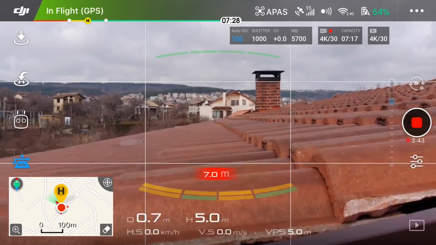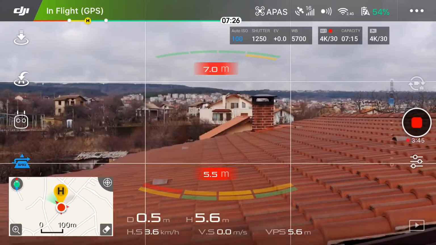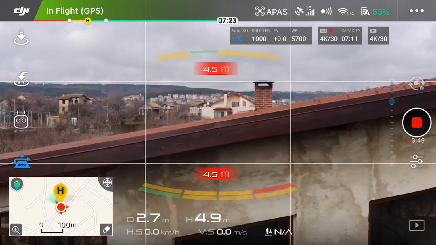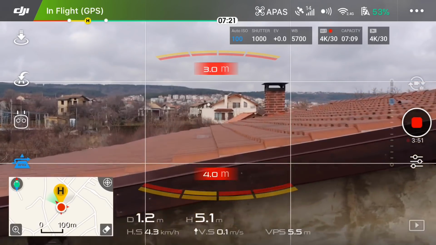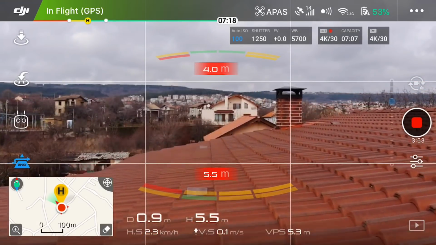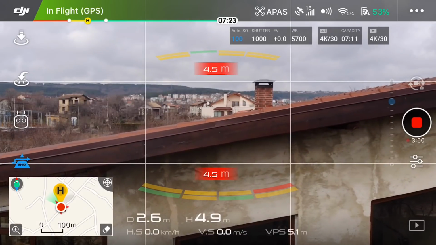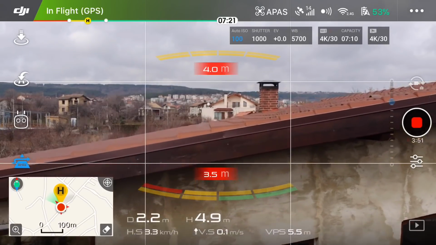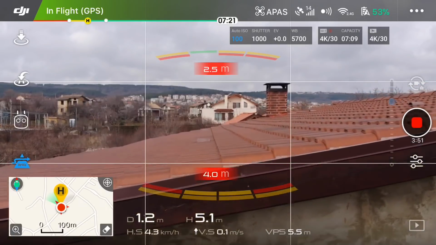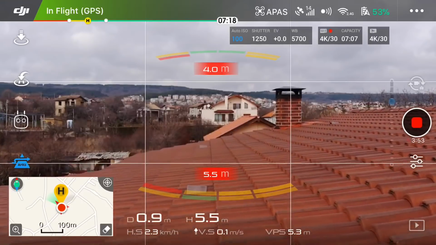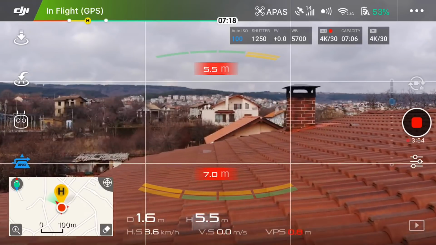So after testing this a couple of times, I came up with the conclusion that the drone has to have enough space in the frame to distinguish an obstacle and some free space around that obstacle. So in this case, the roof was taking far too much space on the screen and the drone was not able to recognize the free space on top of the roof, so it immediately stopped when reaching that roof.